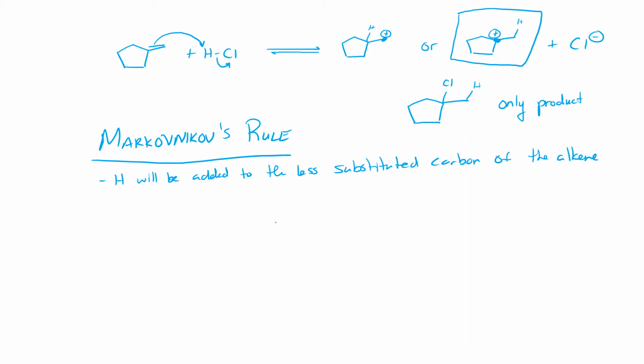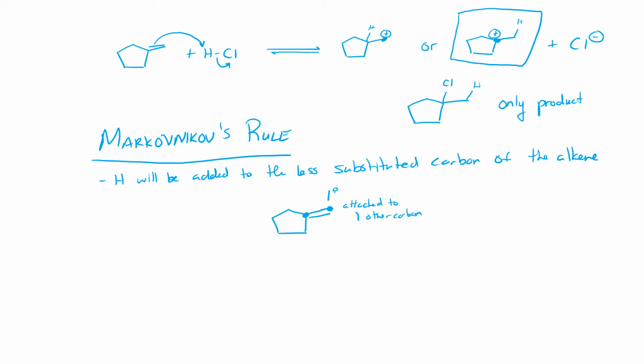When we look at our alkene, I'm going to use the same one that I used up there. I'm just going to redraw it. When we look at our alkene, we look at how many carbons each carbon is connected to. And so we're only considering these two carbons that are part of the alkene. So this carbon here is only attached to one other carbon, and so we call this a primary carbon.